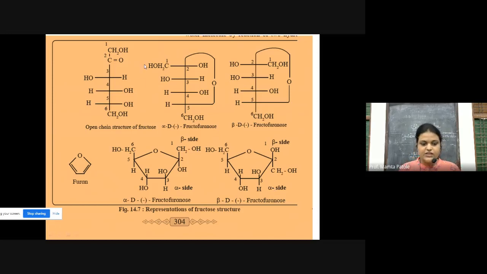So this is your open chain structure of fructose. So how do we do it? 1, 2, 3, 4, 5 and 6. 6 carbons in a line. At the start you have CH2OH.